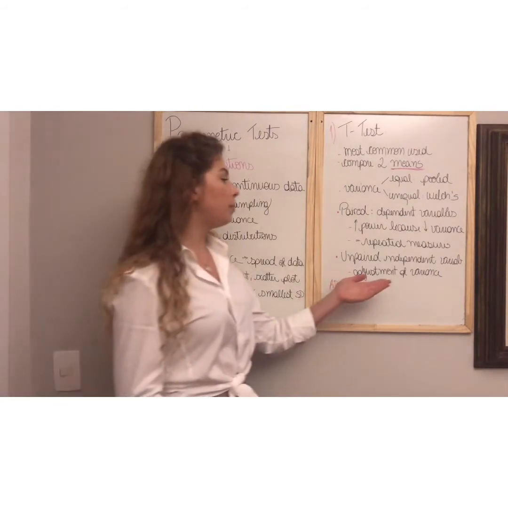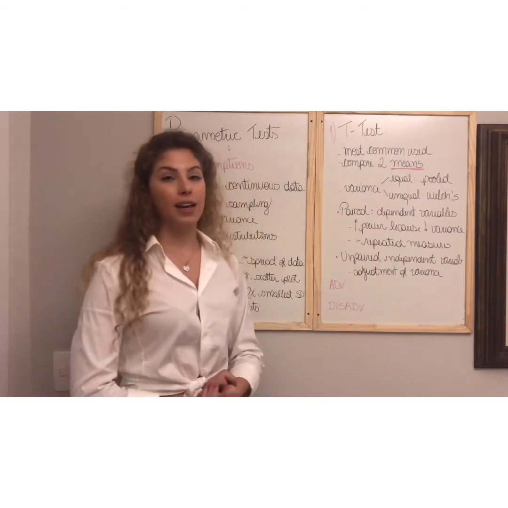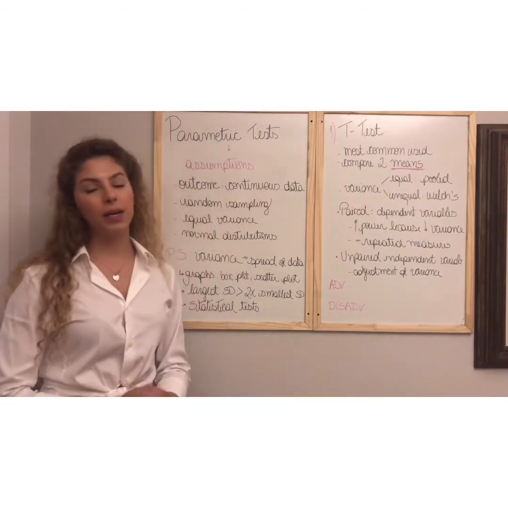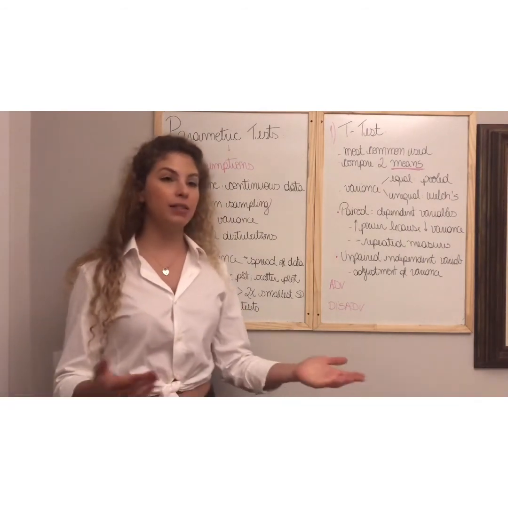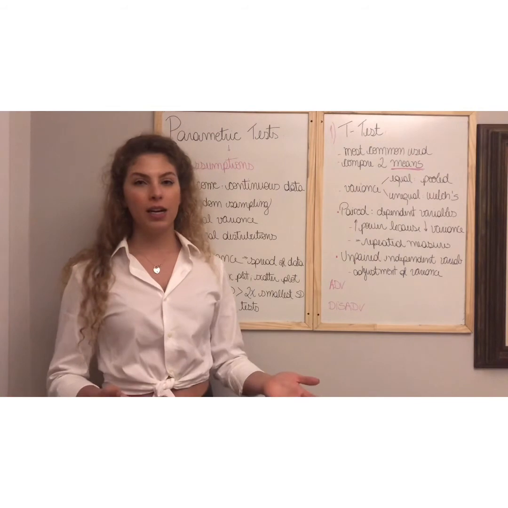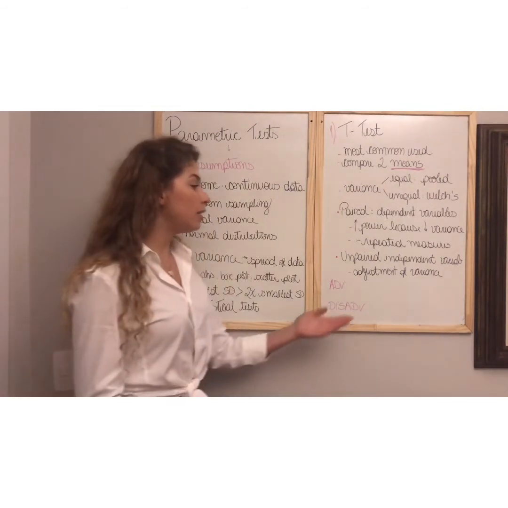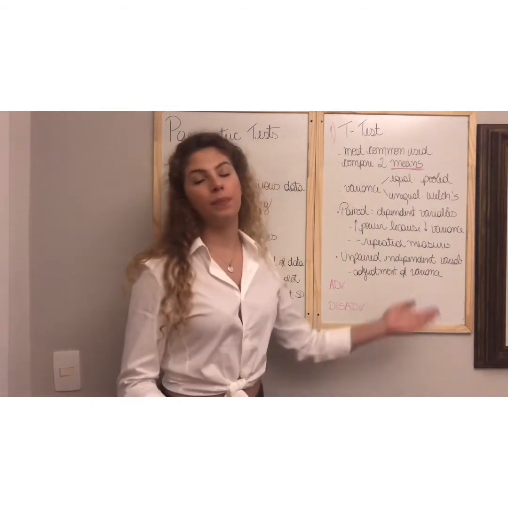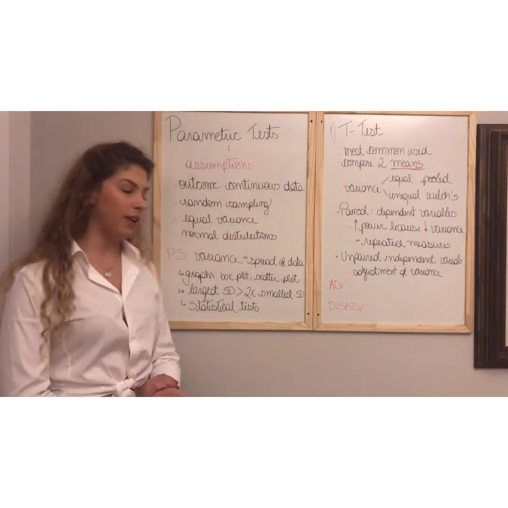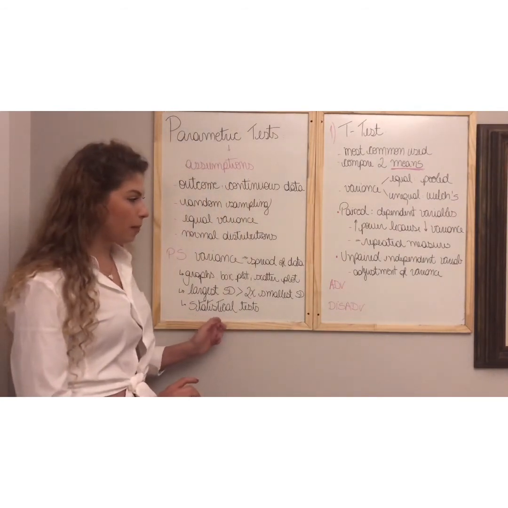So that is why the unpaired t-test has less power. And because we have two groups and these groups may differ from each other, then I need to adjust for variances.